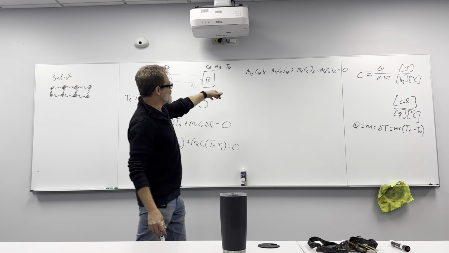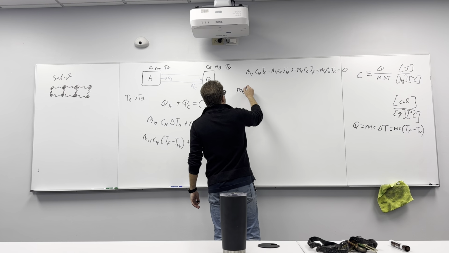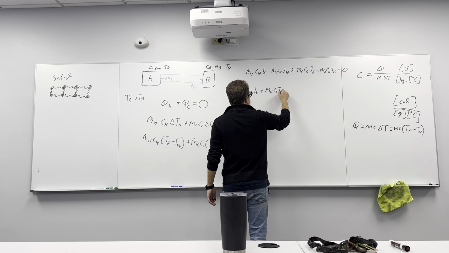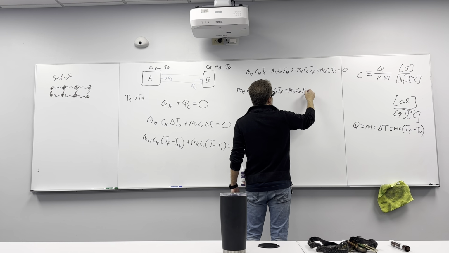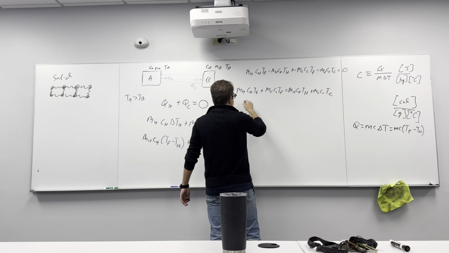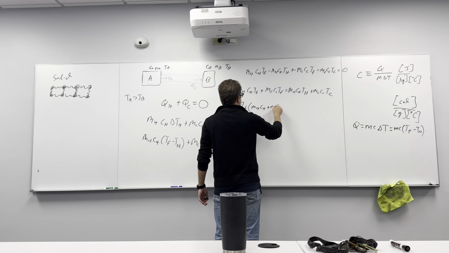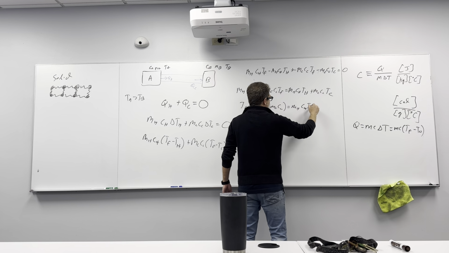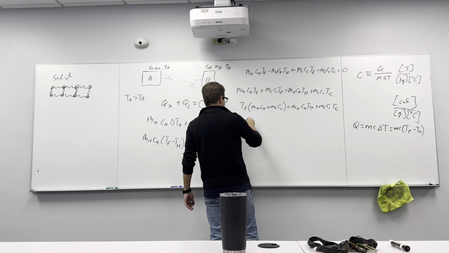So I'm gonna take T_H and T_C terms to the other side. So m_H c_H T final plus m_C c_C T final equals m_H c_H T_H plus m_C c_C T_C. Factor out the T final. And then divide, so I can get my final temperature.